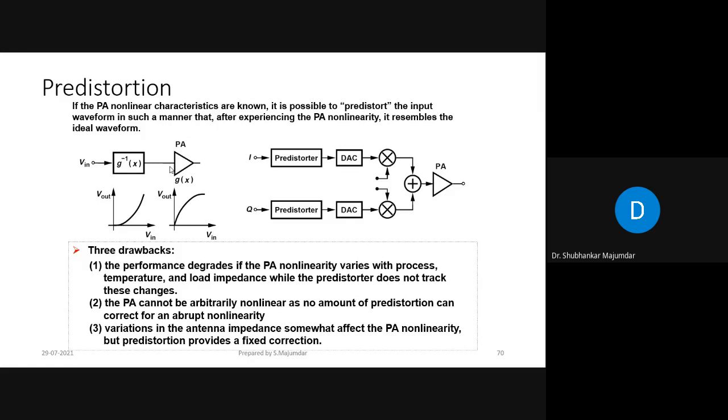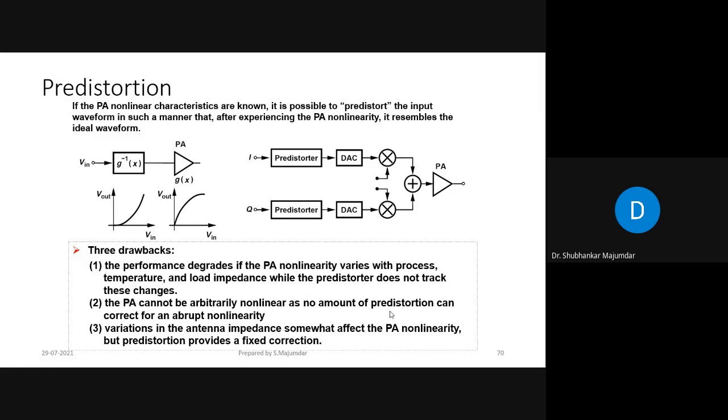The performance degrades if the power amplifier non-linearity varies with process, temperature and load impedance, while the pre-distortion does not track these changes. Getting my point? Means the PVT issues are not tracked by the pre-distortion circuits.